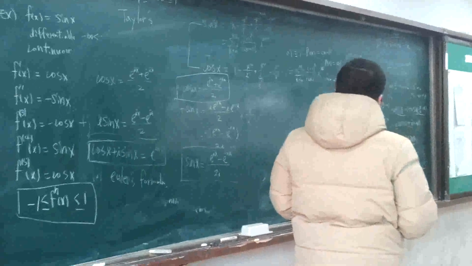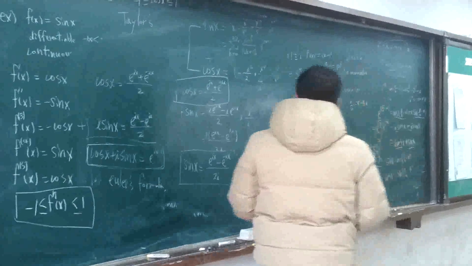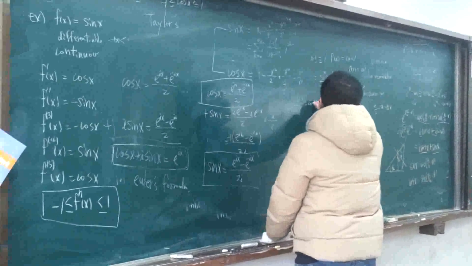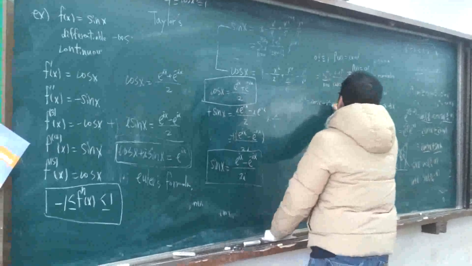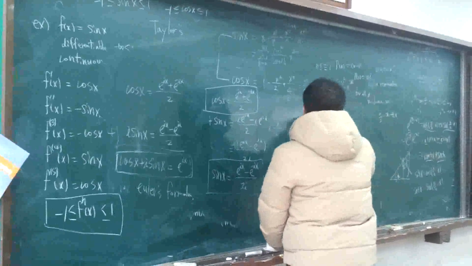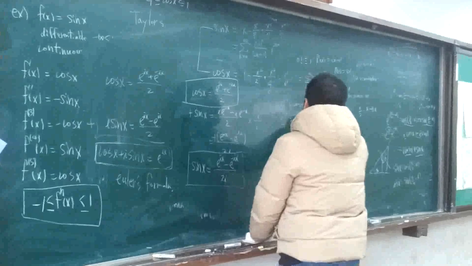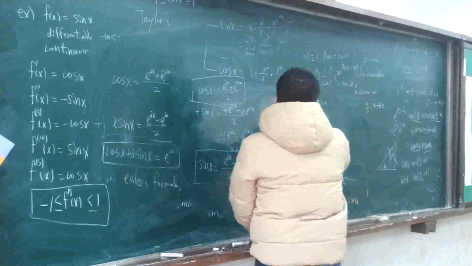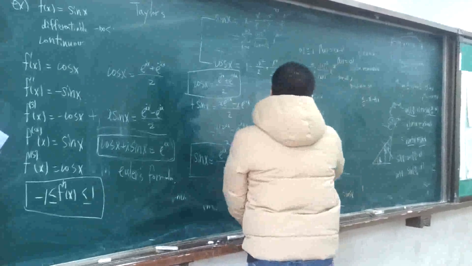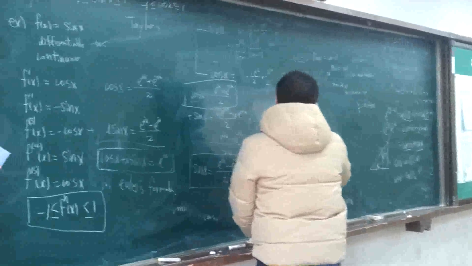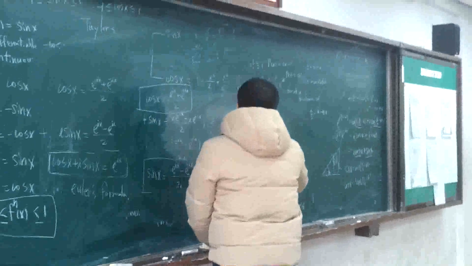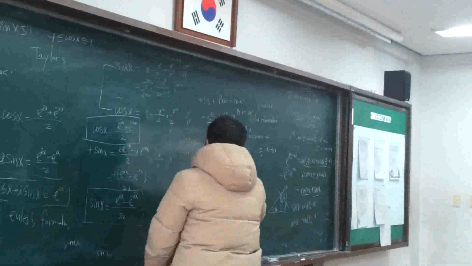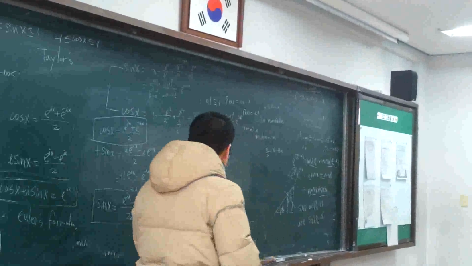Maybe one of the most important ones is this one. So e^{ix} equals cos x plus i sin x, and e^{-ix} equals cos x minus i sin x. If you multiply these, then e^{ix} times e^{-ix}, using the exponentiation rule, equals e^0, which is 1, right?